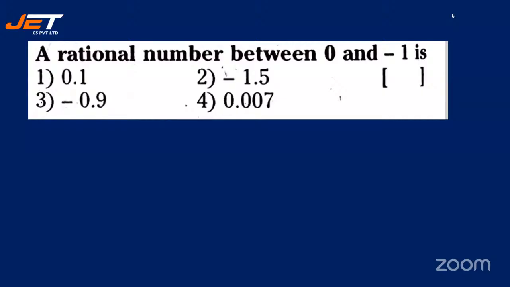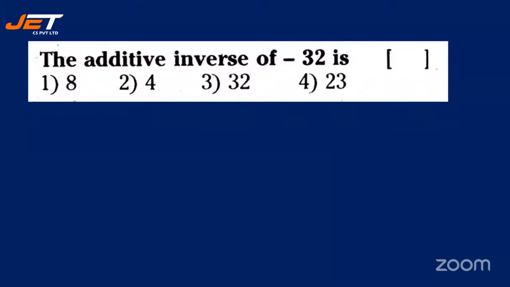Is it -1.5? Is it -0.9? Or is it 0.007? Somewhere between 0 and -1, right? So it is -0.9.